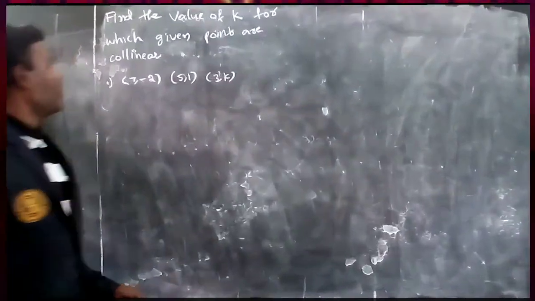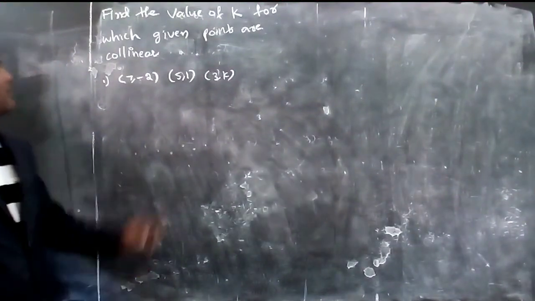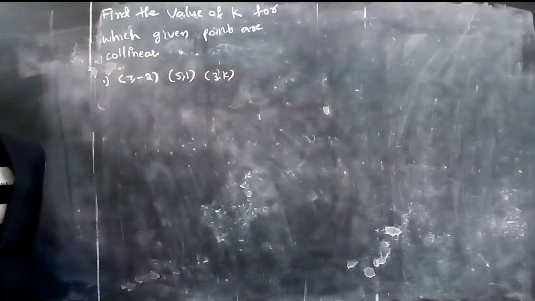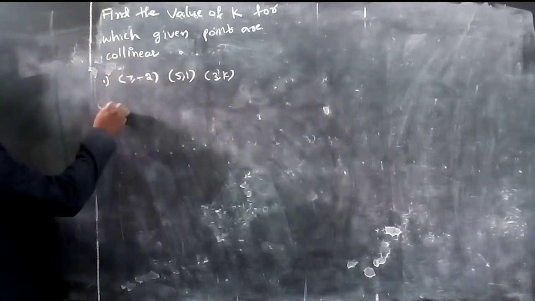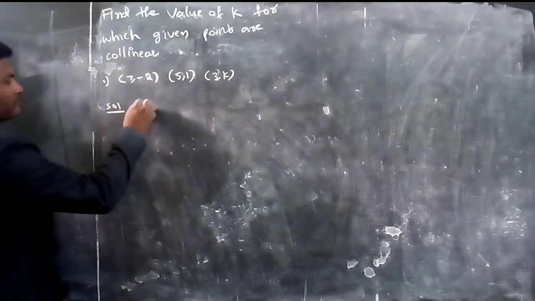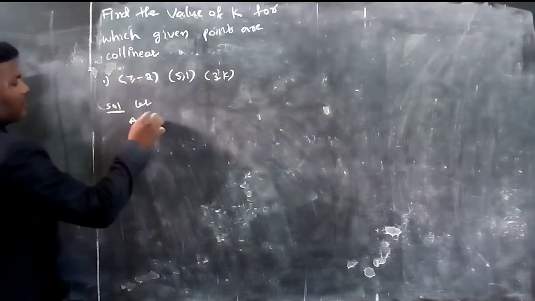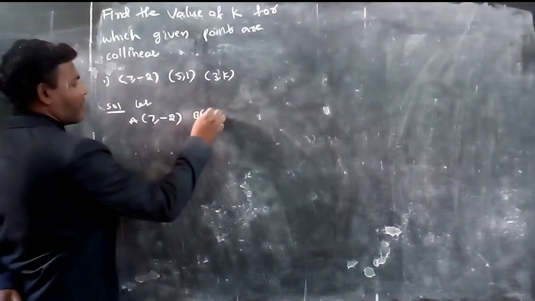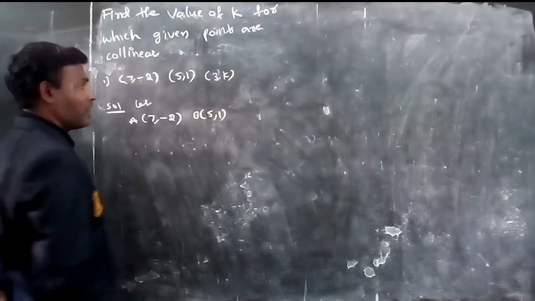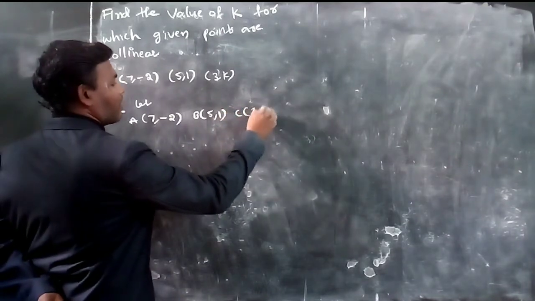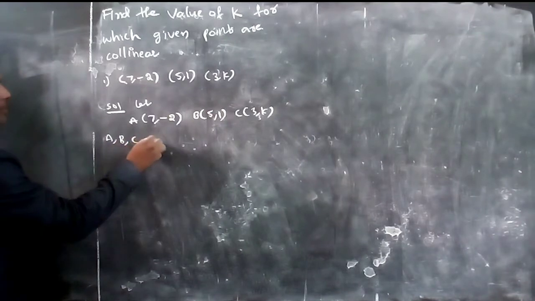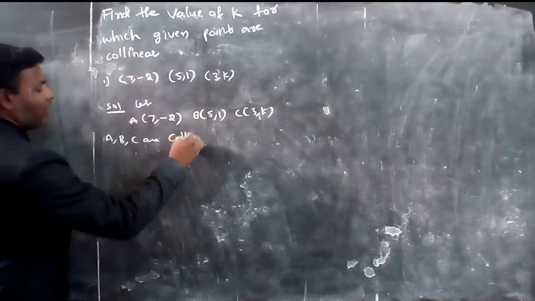Next, find the value of k for which the given points are collinear. Here the solution. First let A (7, minus 2), B (5, 1), C (3, k). Here A, B, C are collinear points.